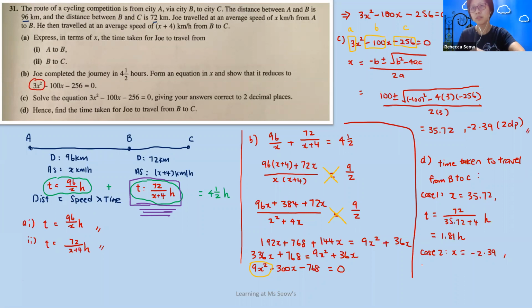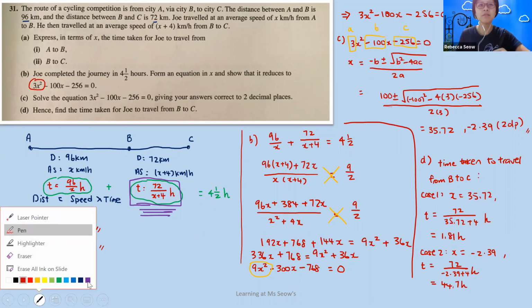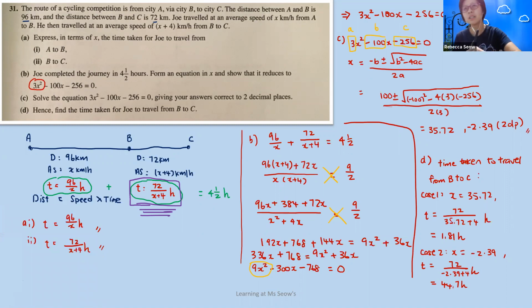And if we were to substitute it into the equation, we will end up with 44.7 hours. Okay, now, based on these two answers, which would be a reasonable answer? Could it be 1.81 hours to travel or 44.7 hours?